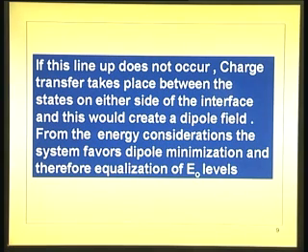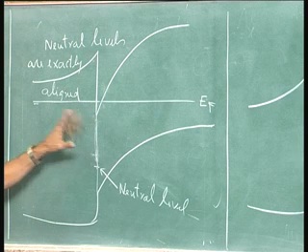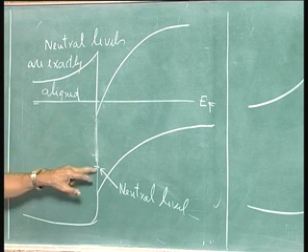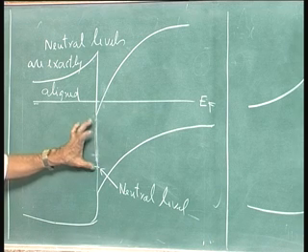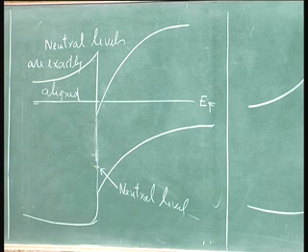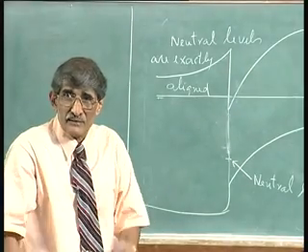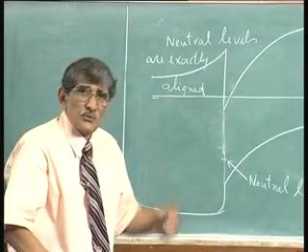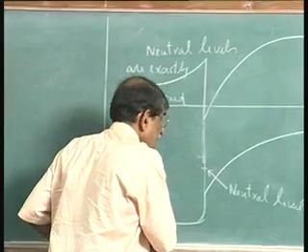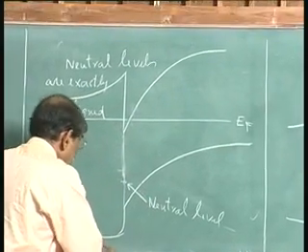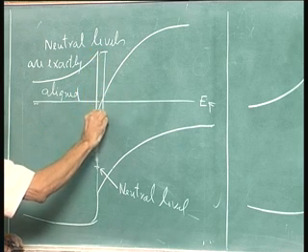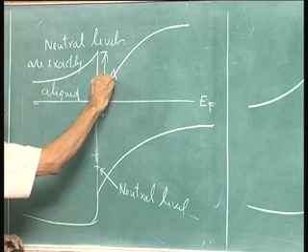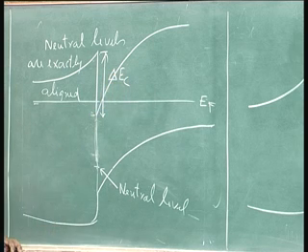Let me put this as E naught and this as, let me remove all these things now. Put this as E C 1, conduction band 1, and E naught, and this is E V 1. E naught minus E V 1 is actually equal to 1/3 E g, and E C 1 minus E naught is actually equal to 2/3 E g 1. Okay. So, this is E g 1. I hope I have marked it as E g 1 and E g 2, does not matter. With reference to this diagram, this is E g 2 band gap.